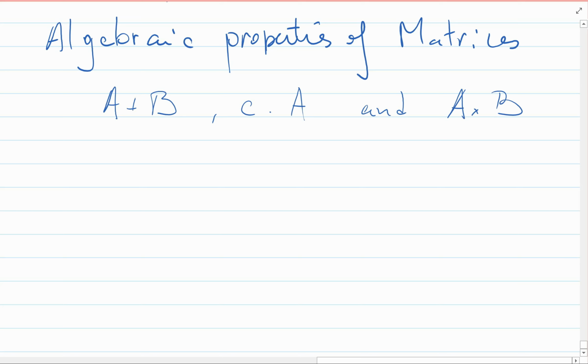And as we said, the product of two matrices is not a natural operation. We have seen, for example, that AB may not be equal to BA.